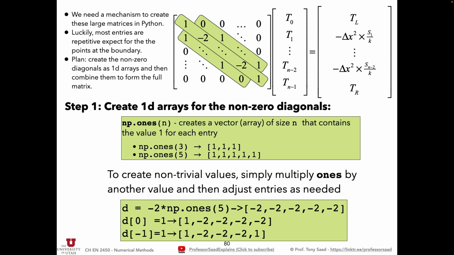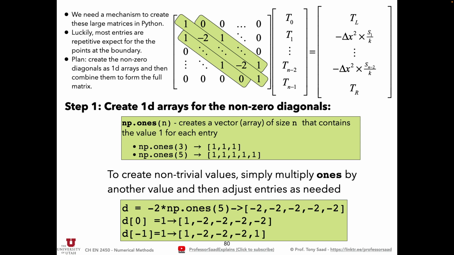You simply access those values and manually set them. It's a very easy thing to do. So now assume I'm working on the main diagonal. First, I create a main diagonal filled with -2. So it's all -2, and this is going to be on the main diagonal. I still need to fix the first value and the last value.